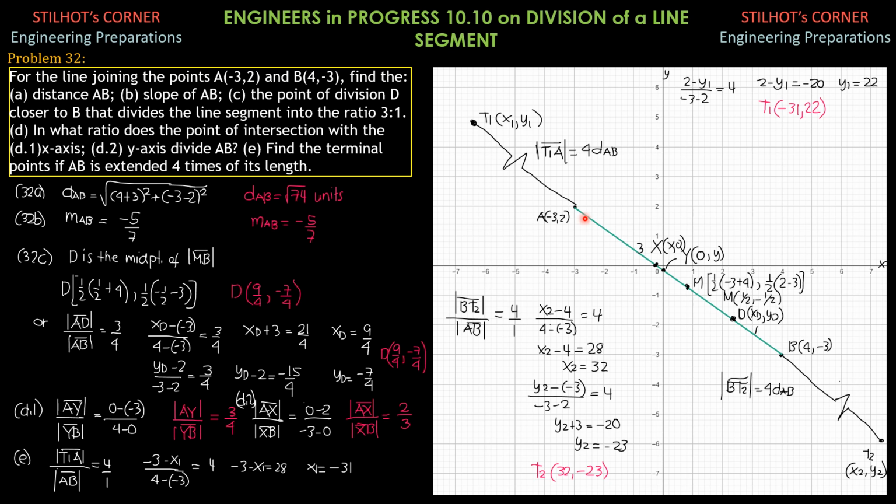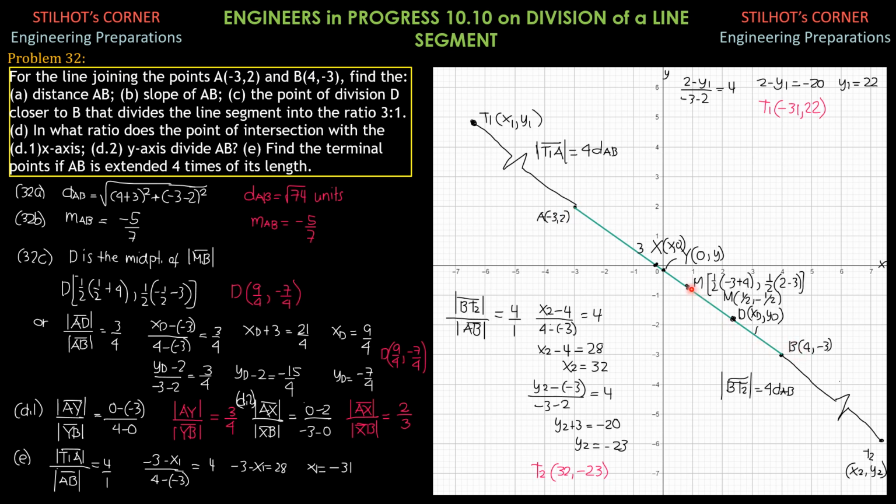Then because this is 3 parts and DB is only 1 part, 3:1, we imagine that point D is the midpoint between the midpoint of line AB and point B. So the midpoint of the line AB is, by the midpoint formula, equal to 1/2 of the quantity negative 3 plus 4, comma 1/2 of the quantity 2 plus negative 3.